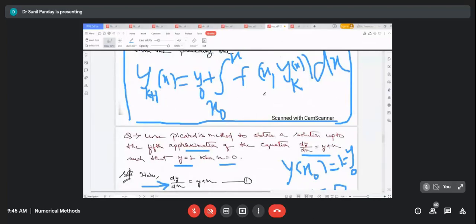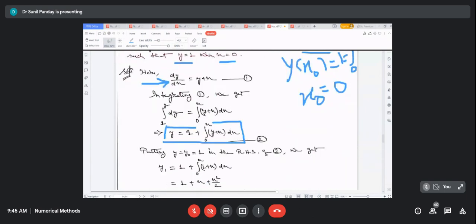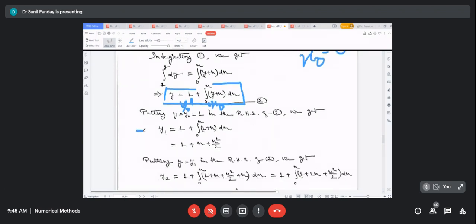So you can see here, this is y naught, and this is x naught, so x naught to x, and this is f(x, y). So y1(x) equals y naught, which is 1, plus the integral from x naught to x of f(x, y naught).